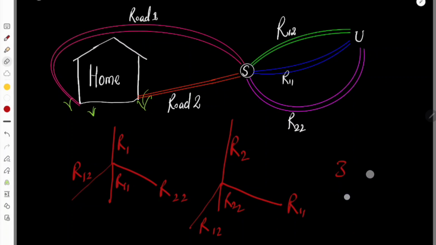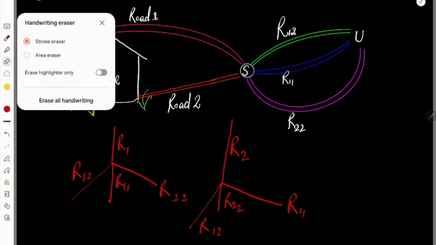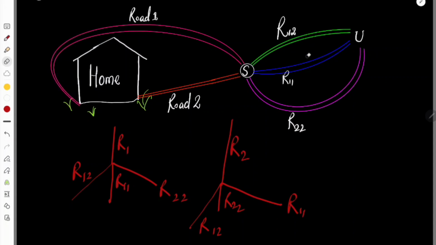If I think directly, I have two options to go up to this point S. After that, following these two options, I have three more options to reach point U. Meaning, two ways here and three ways next. For every first way I have three ways, so 2 into 3 ways in total.